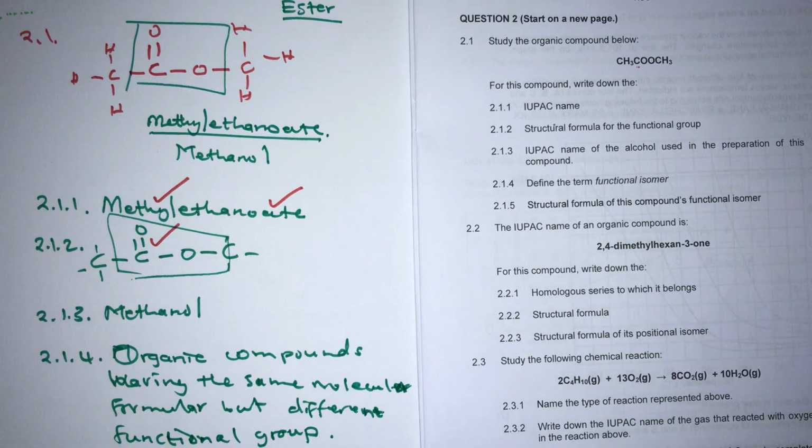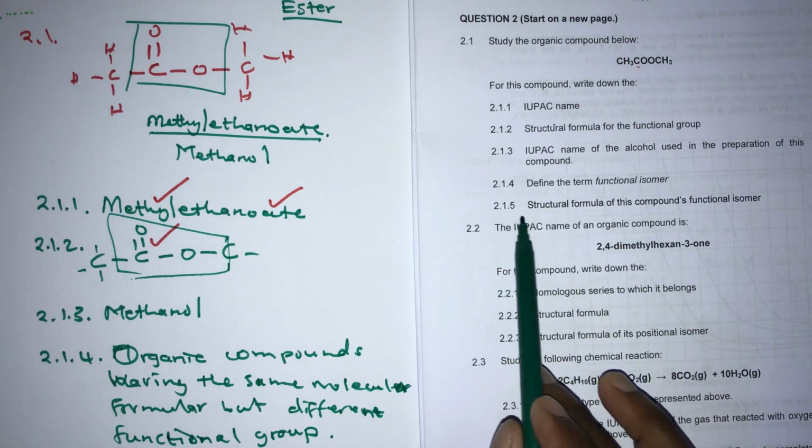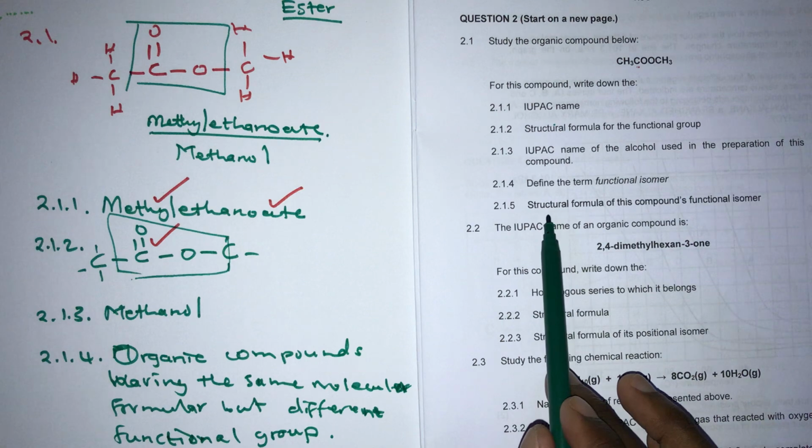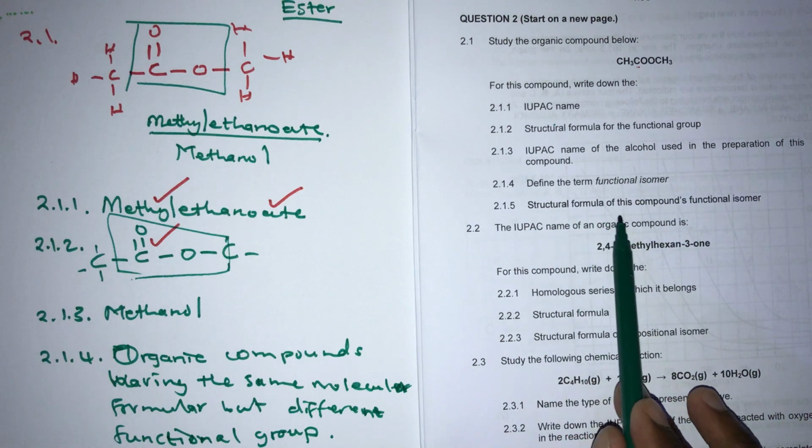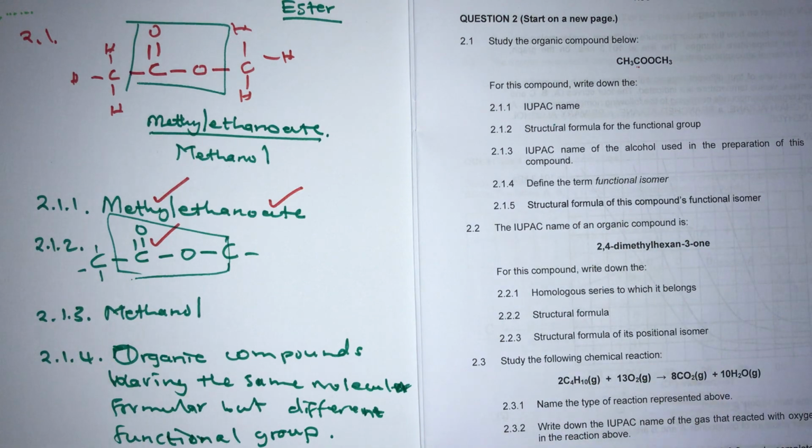These organic molecules have the same molecular formula. So when you count the number of carbon atoms, the number of hydrogen atoms and the number of oxygens, they are the same both sides. That's why we say they have the same molecular formula but different functional groups. You'll see when we move on. So okay, now 2.1.5, they said write down the structural formula of this compound's functional isomer.